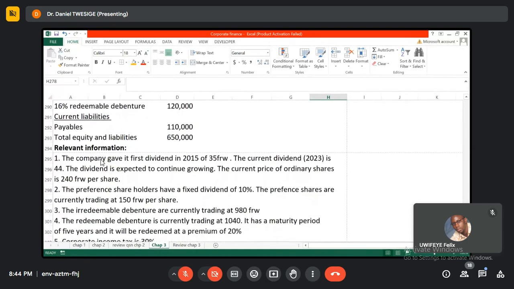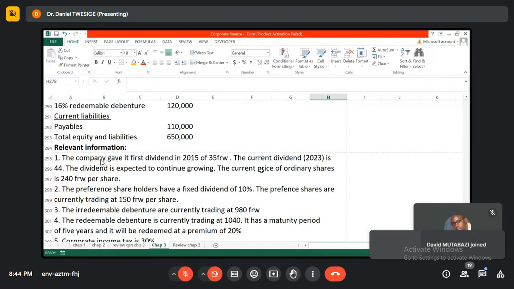Then we have this additional information. We can go through and see if there is no mistake. The company gave its first dividend in 2015 of 35. The current dividend, in the year 2023, is 44. We expect it to continue growing. The current price of the ordinary share is 240. So we can get that data.